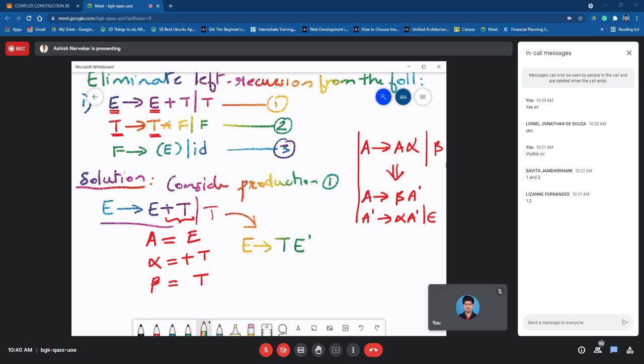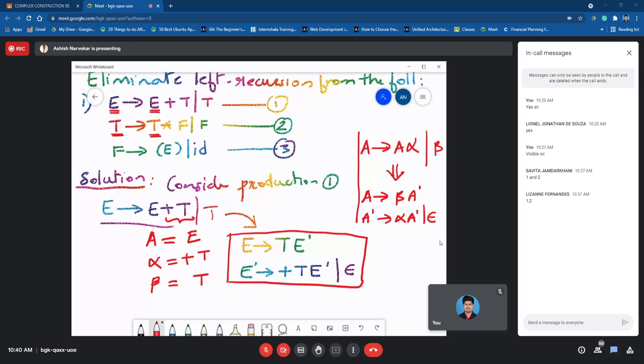Then I need to write this E dash, that is a new variable, in terms of alpha and A dash. So alpha is plus T, followed by A dash. A dash is nothing but whatever is there on the left hand side over here. So plus T E dash or epsilon.